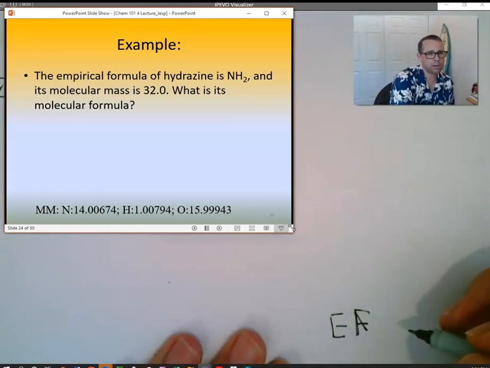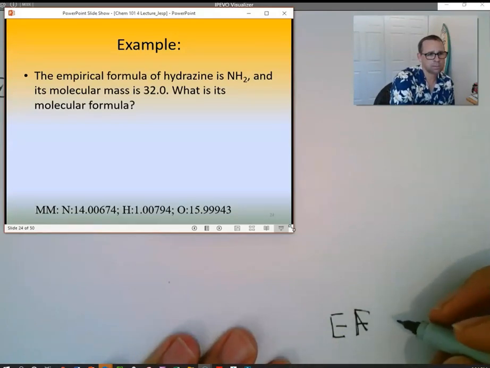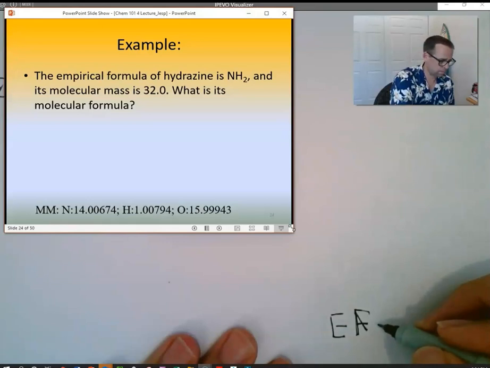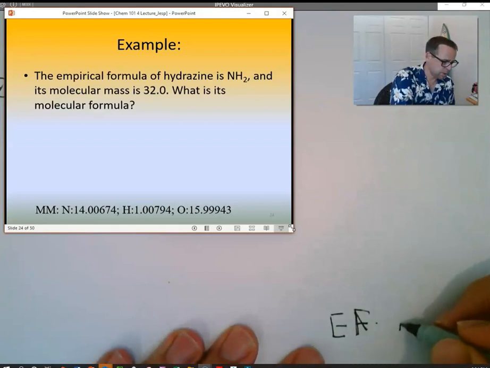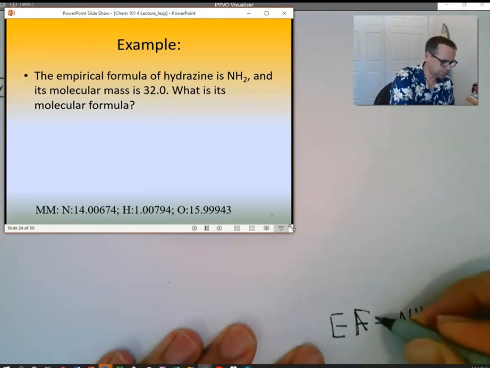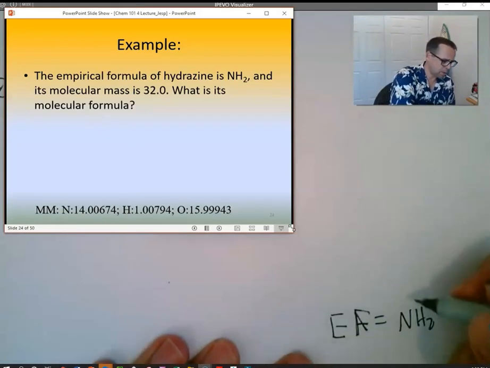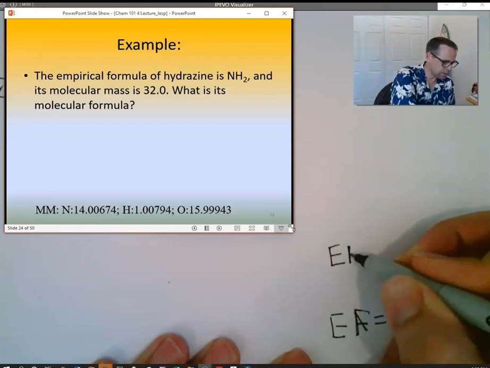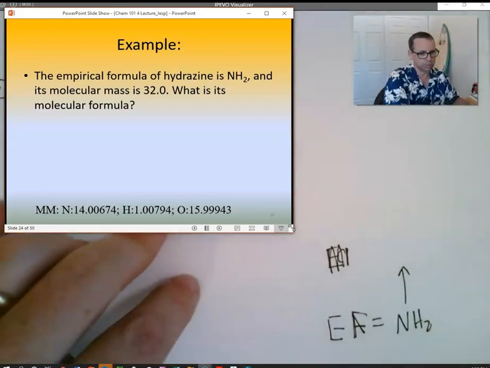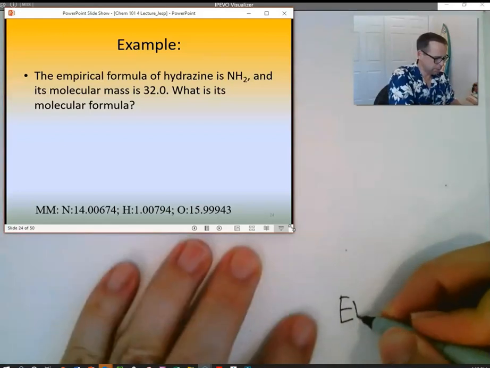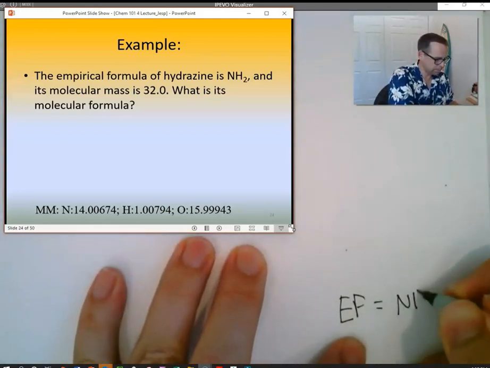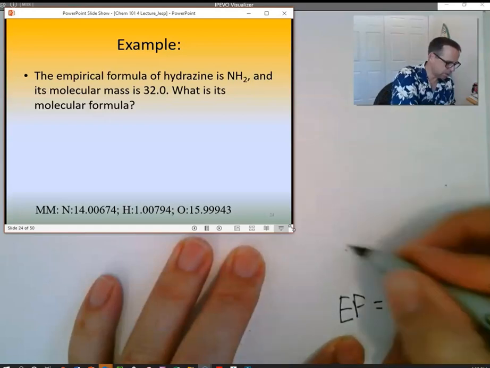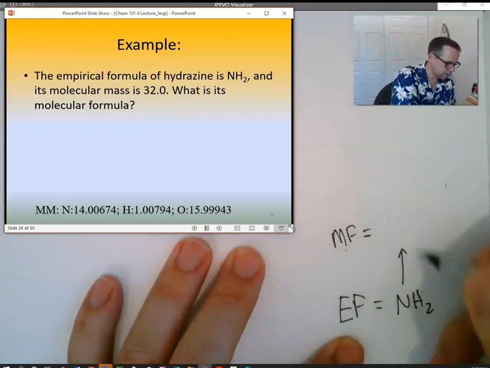Empirical formula is NH2, all right? And some multiplier will give us the molecular formula.